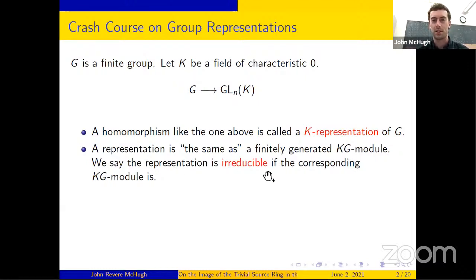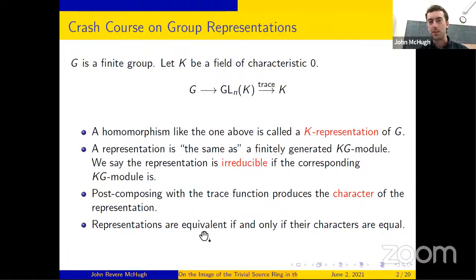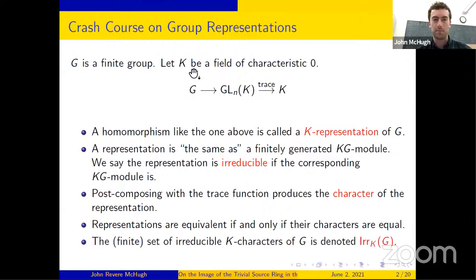So we say a representation is irreducible if the corresponding KG-module is. If you post-compose with the trace function, you get the character of the representation. Representations are equivalent if and only if their characters are equal. This is one of the nice things you get when you work over a field of characteristic 0. And the set of irreducible K-characters of G is denoted like this, Irr_K(G).